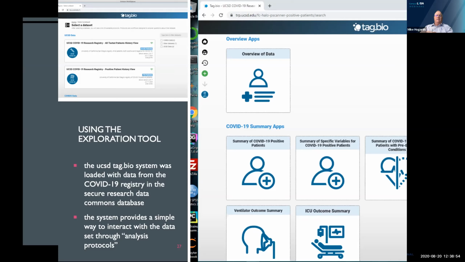You don't get the row level data with these. You just get the summary statistic. And then there's also the opportunity to actually export the data, row level data, into your VRD. Again, it's de-identified, but it is row level data. And so with that combination, we can facilitate access to research data for investigators who are helping us battle this pandemic.